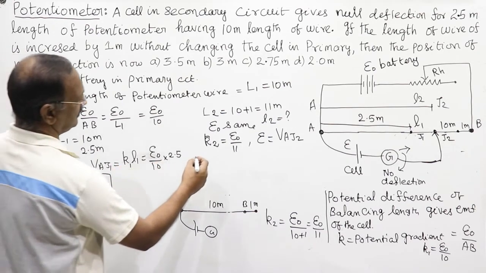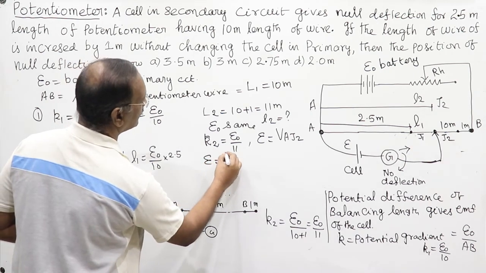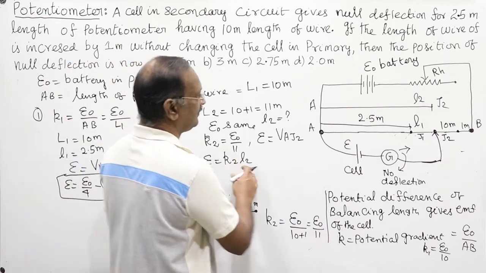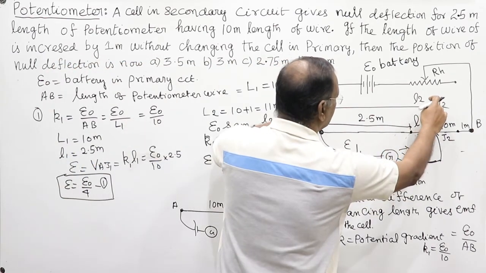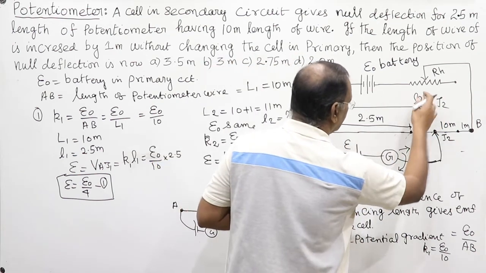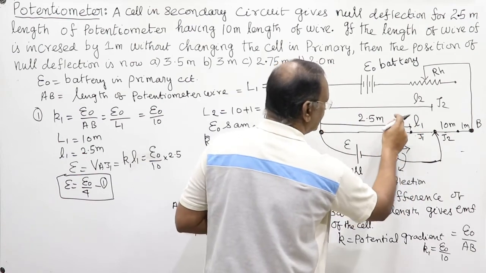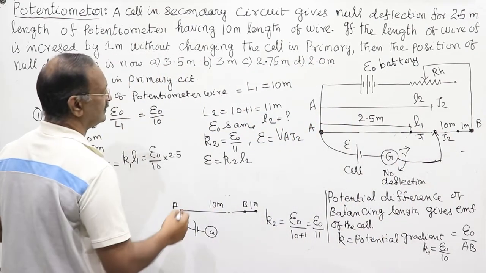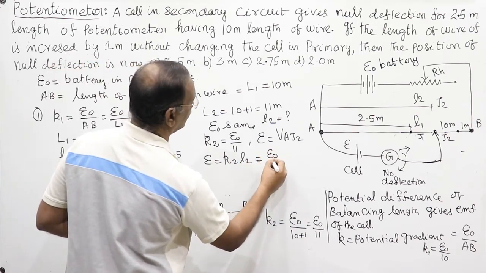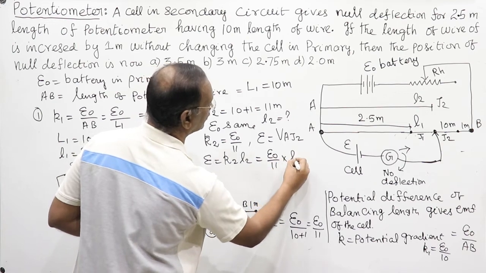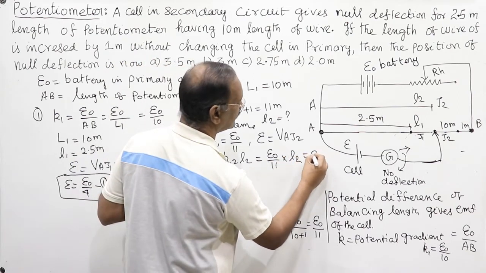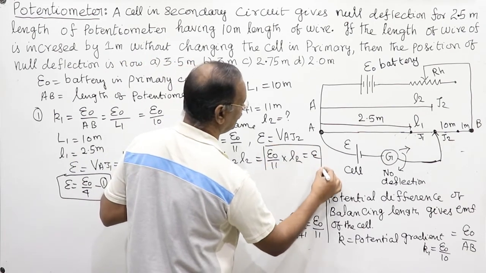Epsilon naught E is equal to K2 into L2, because the potential difference between these two points is equal to its potential gradient into L2, and for this point it is its potential gradient into L1. But the EMF remains the same. K2 is epsilon naught by 11 into L2, that we have to find out. This is the second equation we have framed.